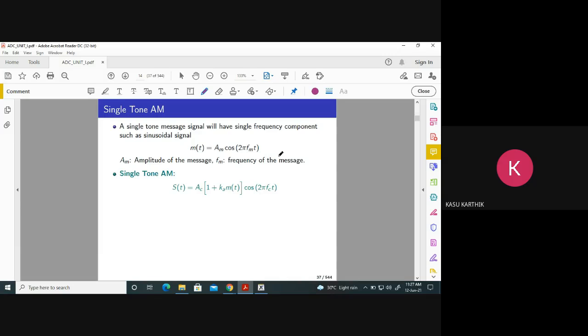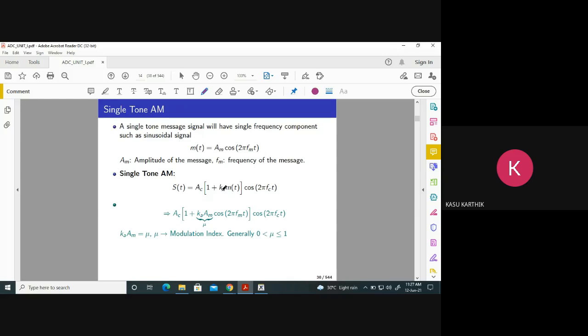So what happens now? For single tone AM, here we replace m of t with this function, Am cos 2 pi fm t, because it has only one frequency component, and that's why it's called single tone AM. Now replace. What happens?